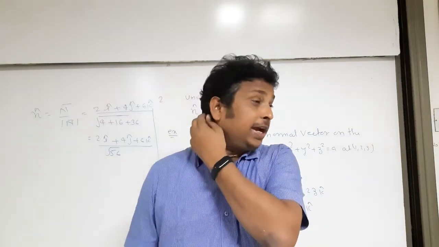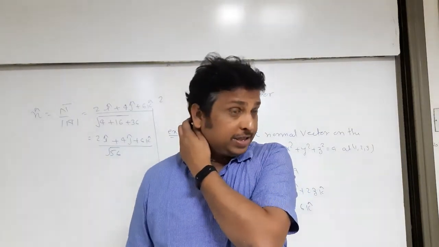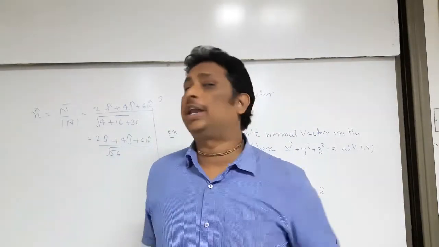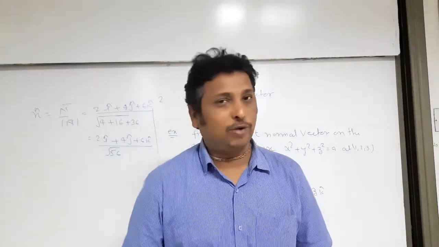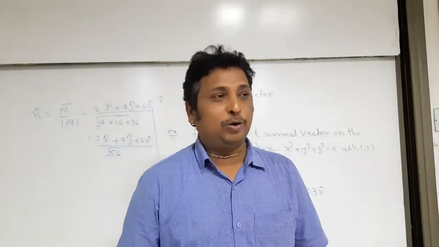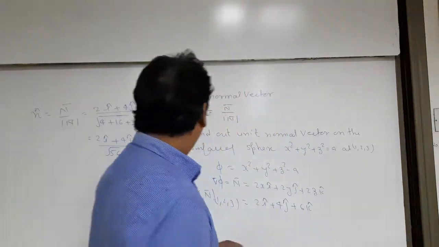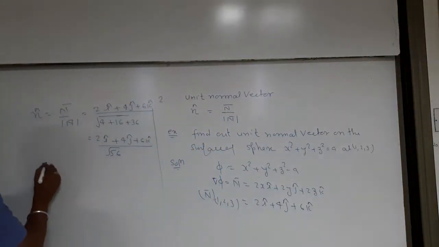Okay, so the angle between any two surfaces is equal to the angle between their normals. Now you understand what we are going to do, because they ask us to calculate the angle between two surfaces.